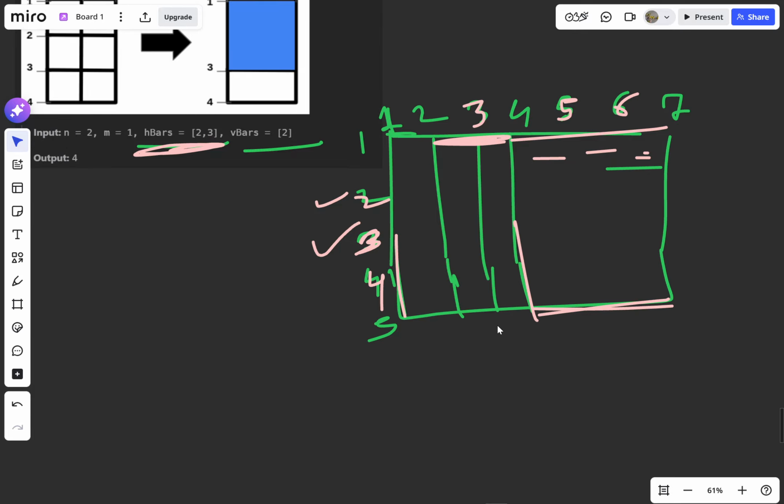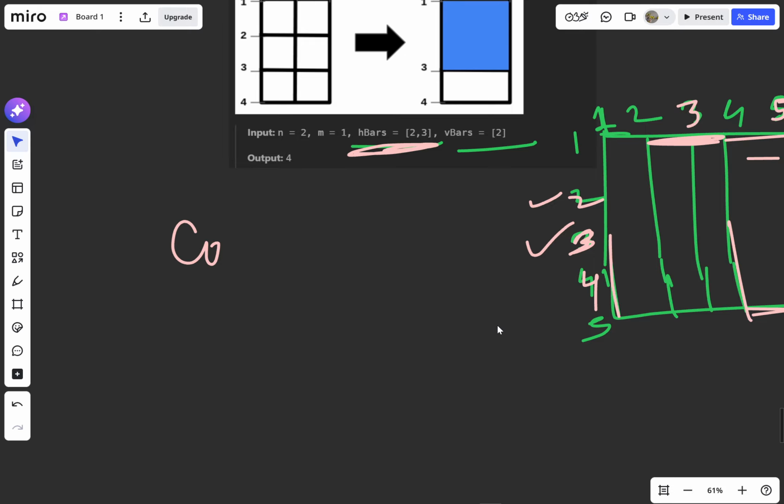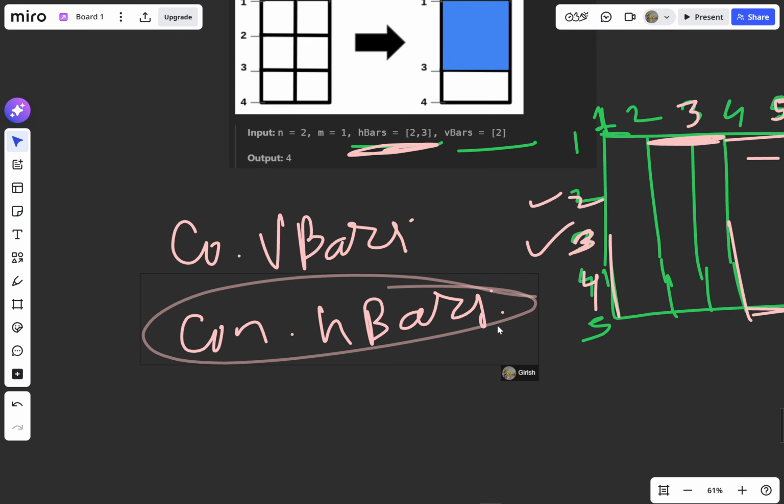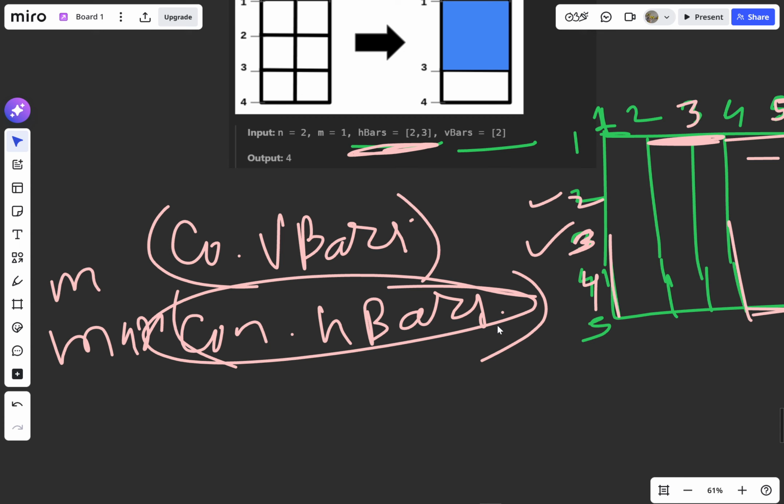For the answer we will have to find the maximum from continuous vertical bars and the maximum from continuous horizontal bars.